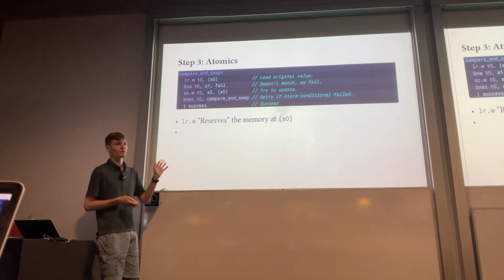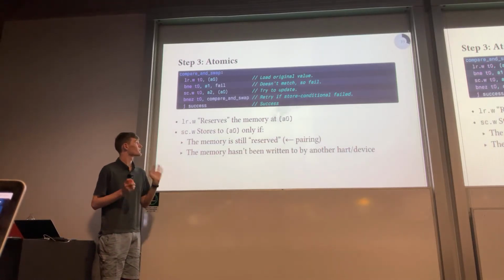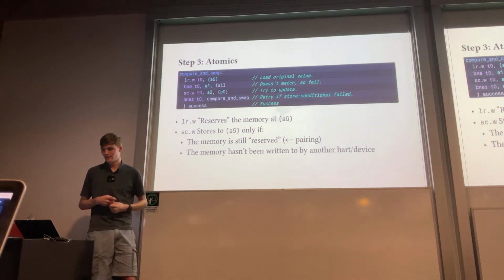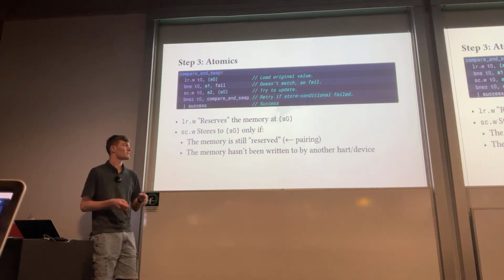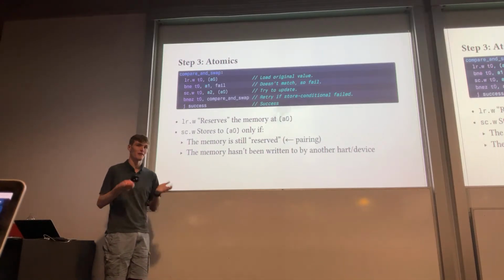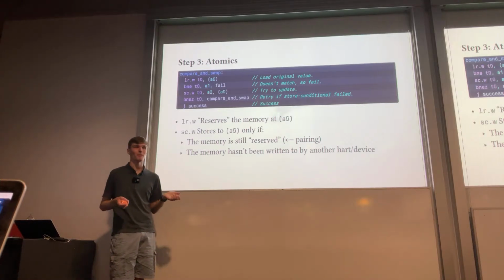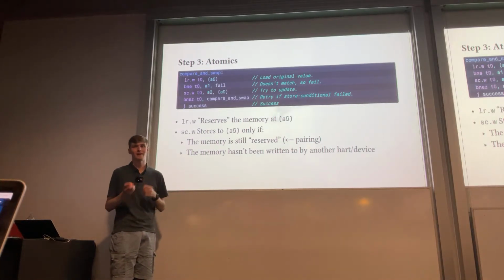But yeah, load reserved reserves the memory at location A0, and store conditional stores to that memory address only if the memory is still reserved, which is the pairing thing we talked about earlier, and if the memory hasn't been written to by another hardware thread or another device.